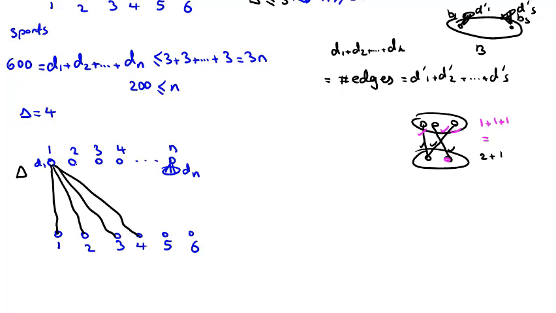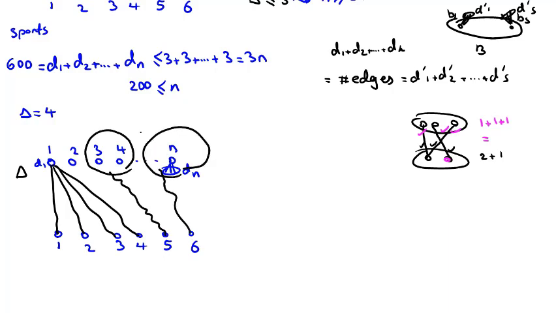So we know that 2 to n are not connected to both 5 and 6, because if one student were connected to both 5 and 6, then 4 and 1 would have all sports. So they don't have any common vertex, 5 and 6. So 5 is connected to some of them, and 6 is connected to the others. They are not the same.